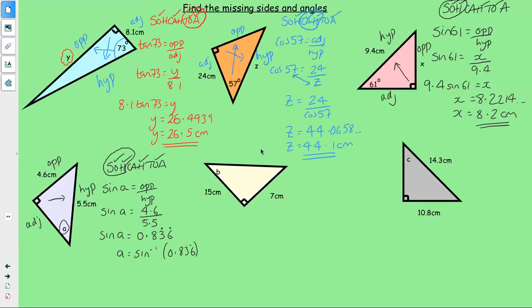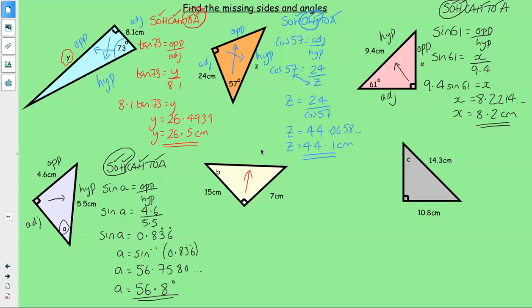Keep that number in your calculator. Shift, sin, previous answer, and you should get an answer of 56.7580. Let's do it to one decimal place, so 56.8, and that's an angle, so let's put degrees.